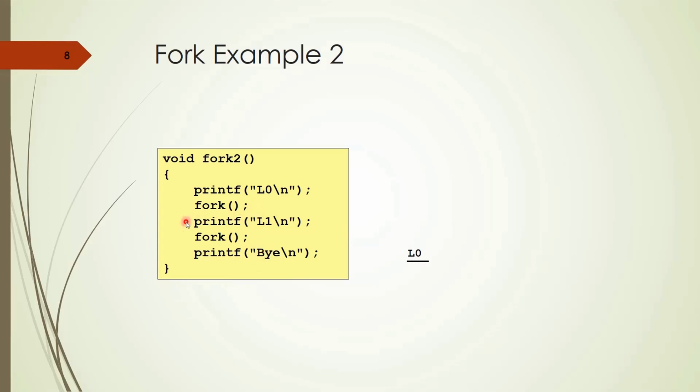So from this printf to this printf, we have one for the parent and one for the child. So we have L1 once for the parent and once for the child. Now the second fork system call is there for the parent also and for the child also. So one for parent and child and one for parent and child. This is why it is printed 4 times.